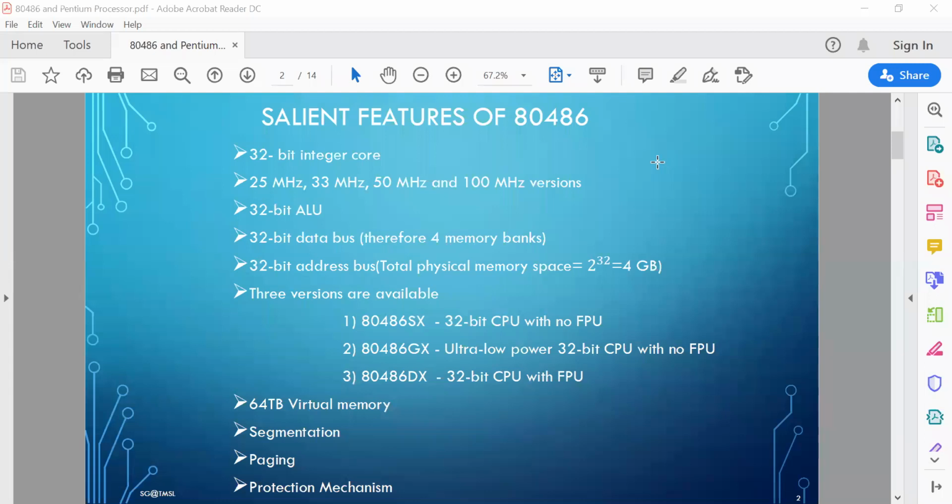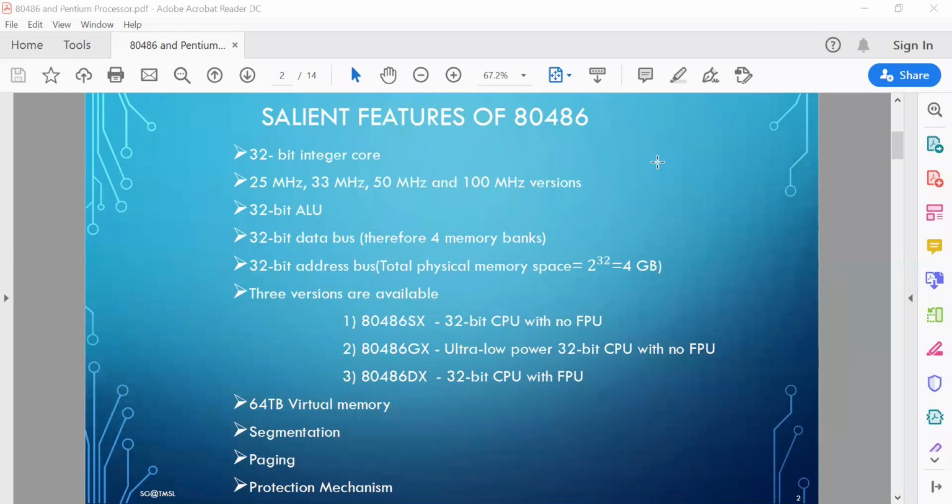Now, all of you know that each memory location can store a maximum of 8 bits of data. So in the 8086 or 286, two memory banks are enabled, and within one bank, each memory location can store a maximum of 8 bits. If you want to store 16 bits of data, how many memory locations do you require?